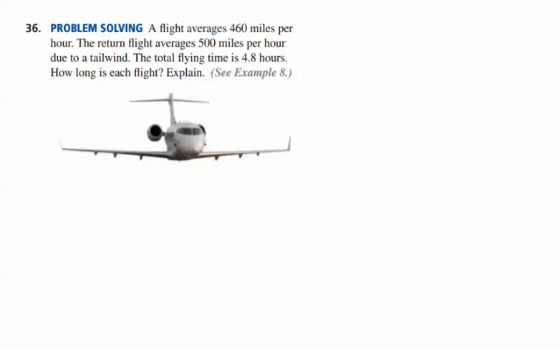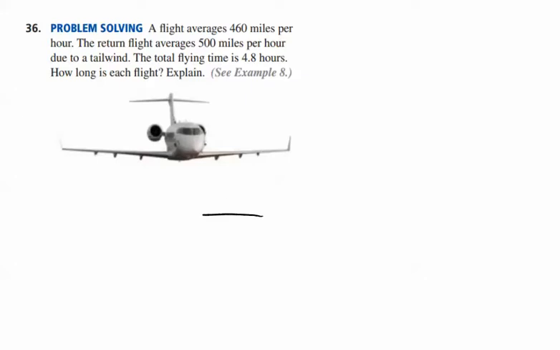Okay, so for problem number 36, we have a flight averaging 460 miles per hour. The return flight averages 500 miles per hour due to a tailwind. The total flying time is 4.8 hours. How long is each flight? Explain.